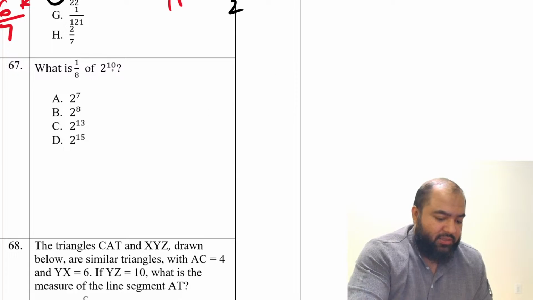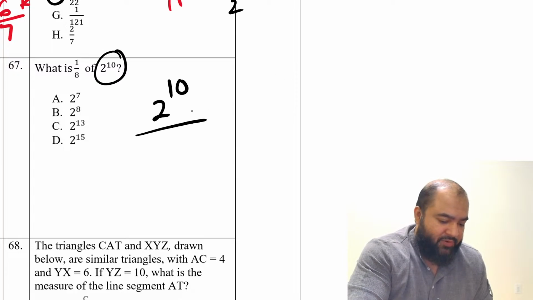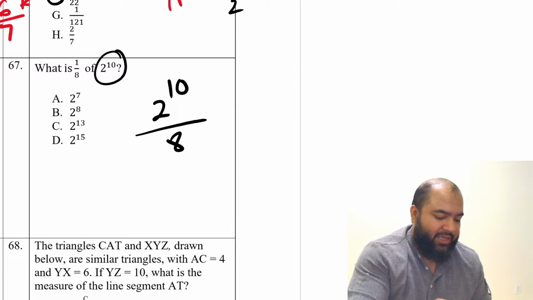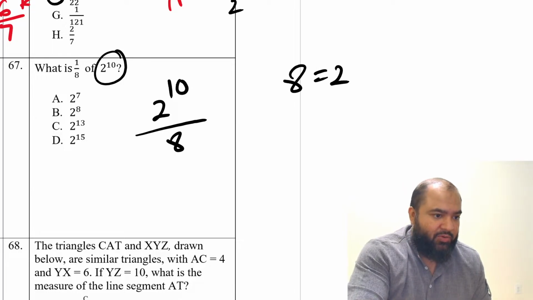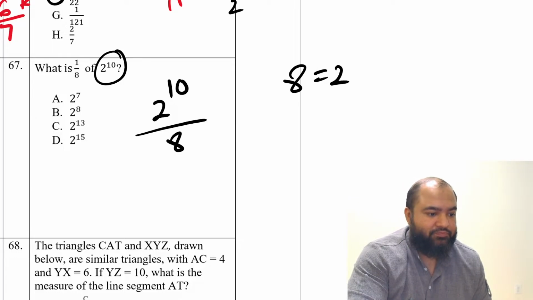Now let's go back. So 2 power 10, we divide. What is 1/8? It means you divide by 8. Now 8 can be written as 2 power what, guys? Tell me. Three.